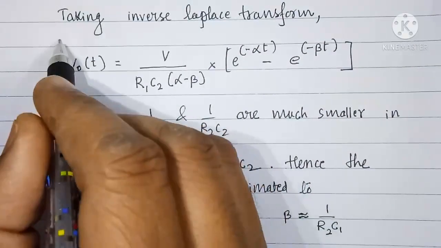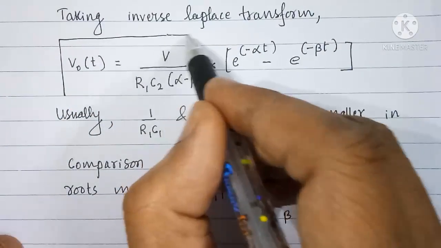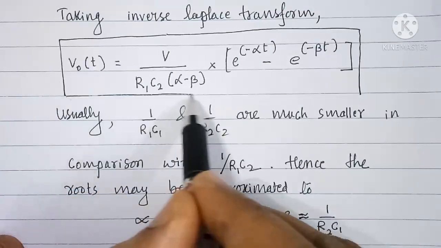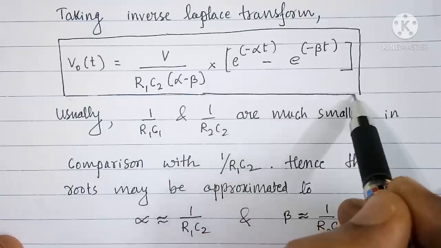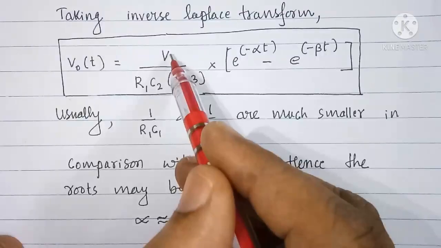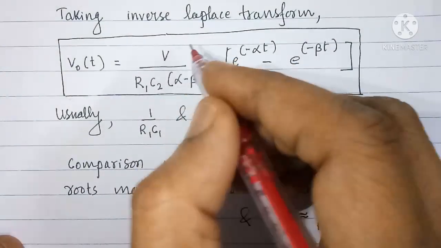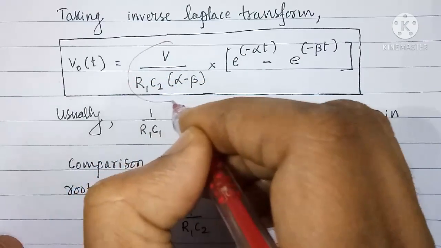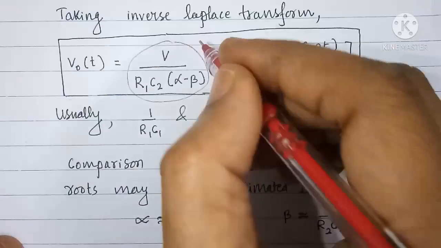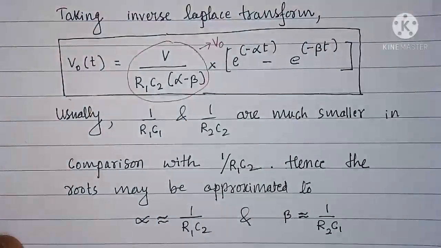So now here the equation for V naught of t has two exponential parts in it, as discussed in the beginning, and V divided by R1 C2 into the bracket alpha minus beta represents V naught.